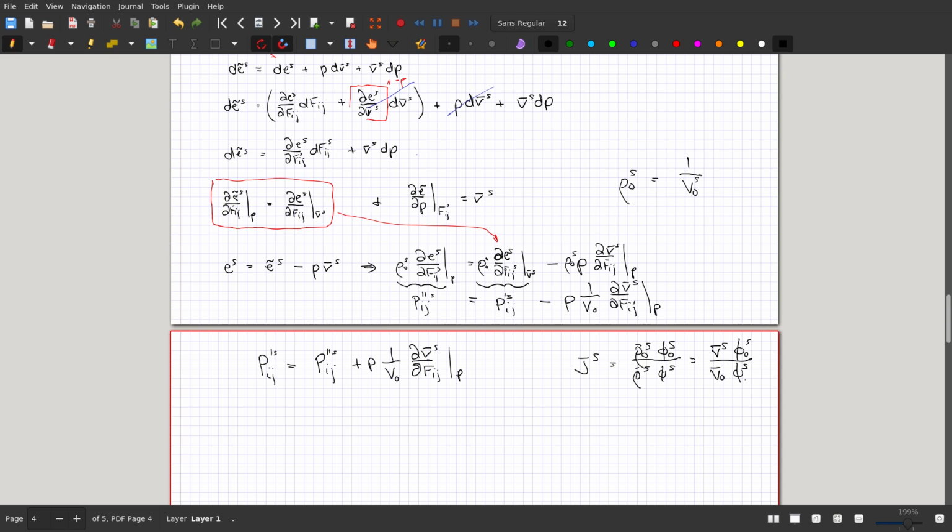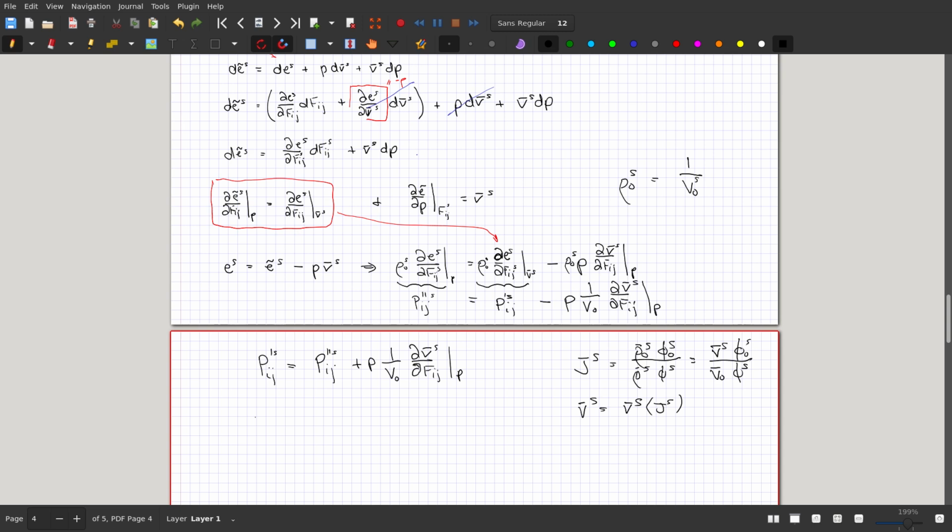Well, I could solve this equation for V bar of S as a function of J, right? So I won't do that, but it's clear that V bar of S is a function of J of S. That's clear. So with that, I can apply the chain rule to this term.